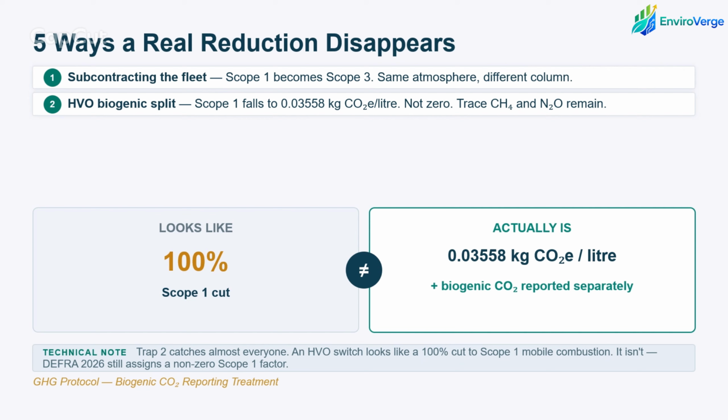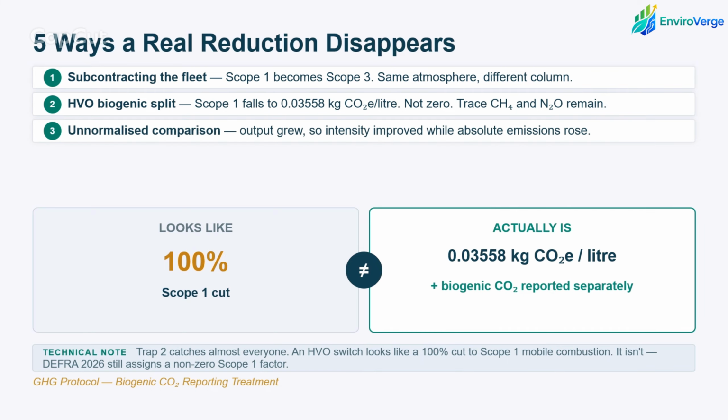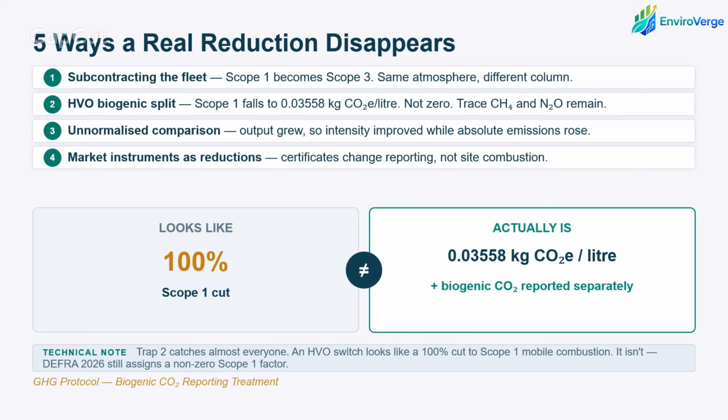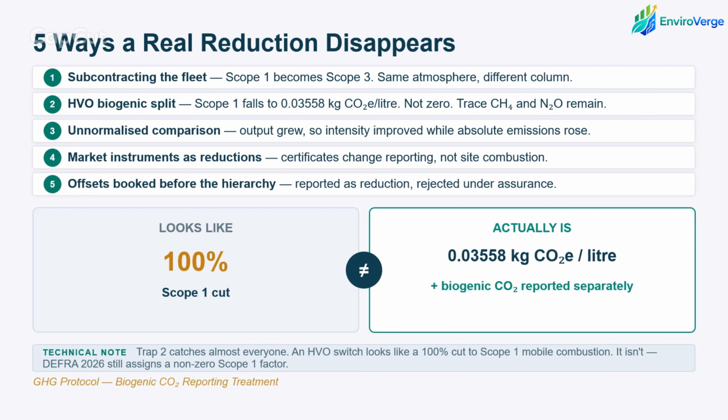So it is not zero, and your inventory should not say it is. 3. Unnormalized comparison. Output grew, intensity improved, absolute emissions rose. 4. Market instruments booked as reductions. Certificates change your reporting. They don't change what burns on site. And 5. Offsets booked before the hierarchy. Reported as a reduction, rejected under assurance.